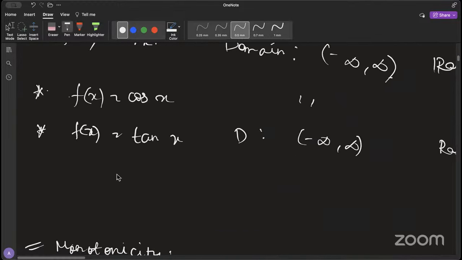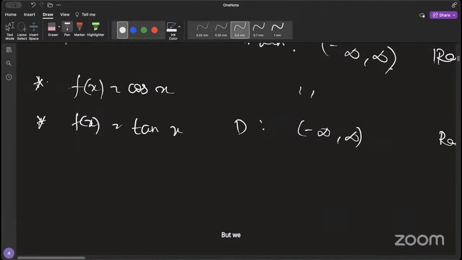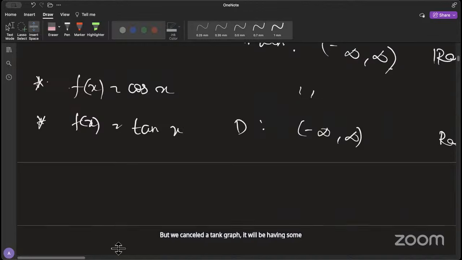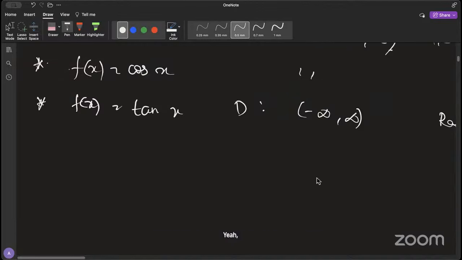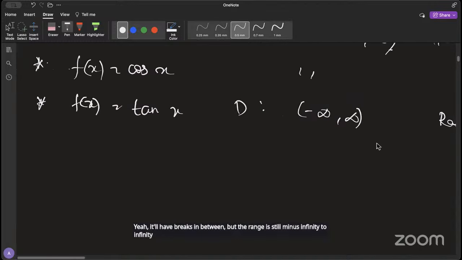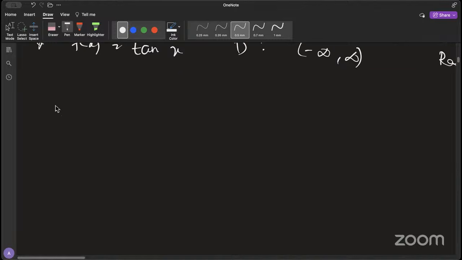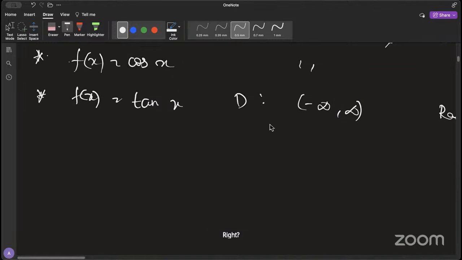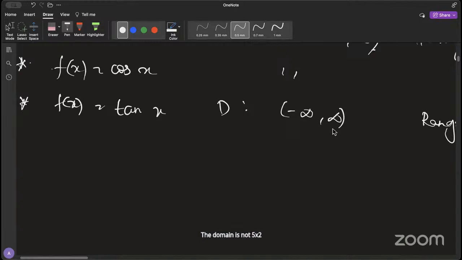Ma'am, if we consider a tan graph, it will be having some breaks in between, right? Yeah, it'll have breaks in between, but the range is still minus infinity to infinity. It covers everything on the y-axis. The domain is not defined at pi by 2 for tan x, correct?